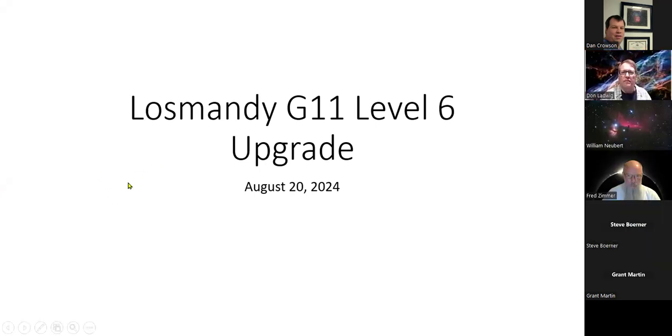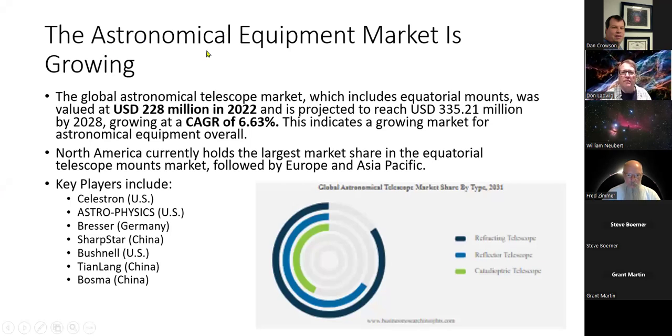I don't have a lot of data specific to Losmandy, but I'm going to go off on a slight tangent here and talk a little bit more about the market. I found some market research that says the astronomical telescope market, which includes not just the mount, but the rest of the gear, is valued at $250 million. So it's not trivial, and it's growing rapidly at 6.63%.